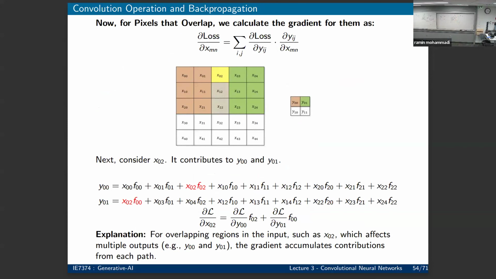F02 gets multiplied by this, F00 gets multiplied by this. So F01, F02. F02 gets multiplied by this. And what was the other one? F00 gets multiplied by this. That becomes the gradient of the convolution with respect to the input.